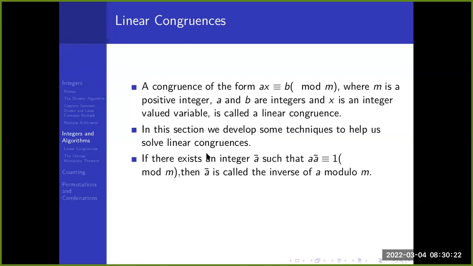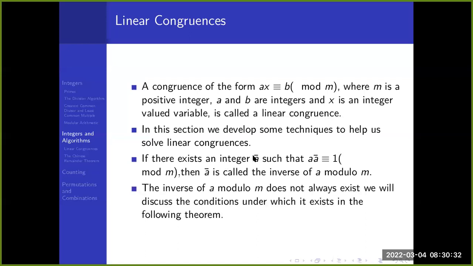To begin with, we go into the following discussion. If we have an integer, which we call A, we distinguish another integer from A by putting a bar on top.